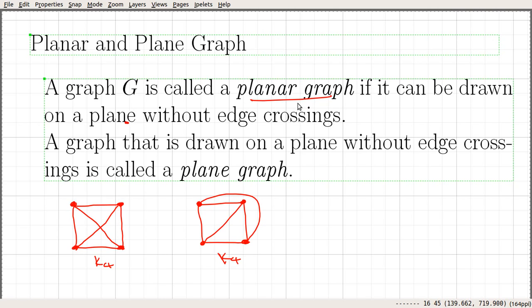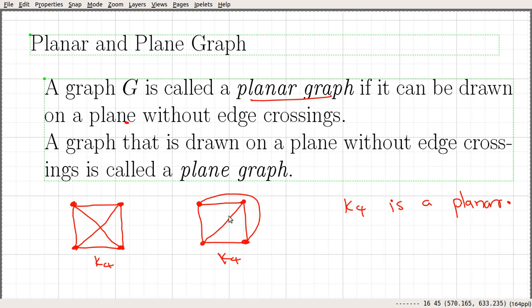That's what we saw in the previous slide. For example, I redrew the figure here. This K4 drawing has an edge crossing, but we could redraw it in such a way that there is no edge crossing. So K4, a complete graph on four vertices, is a planar graph.